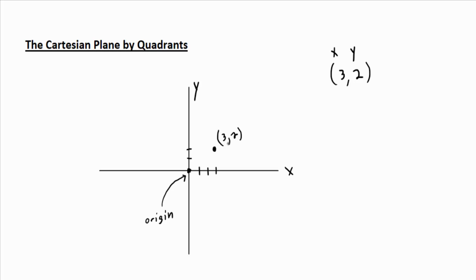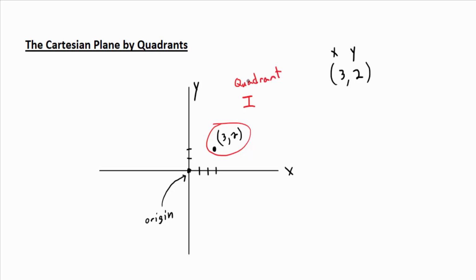Now, this XY plane, the x and y axes divide up the plane into 4 quadrants. Remember that? We call the quadrant where the coordinates are positive, everything's positive in this upper right-hand corner, the first quadrant, or quadrant 1.